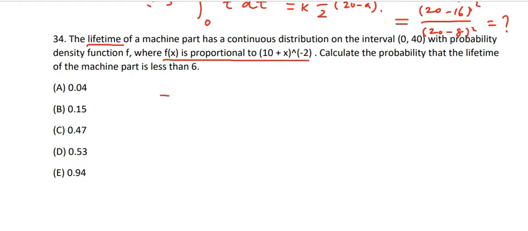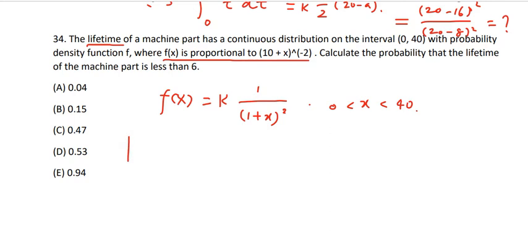So the density function is k times 1 over (1 plus x) squared, and x between 0 and 40. Maybe we need to find this coefficient k, right? Let's check. Calculate the probability that the lifetime is less than 6. So we want to find the probability of x less than 6.